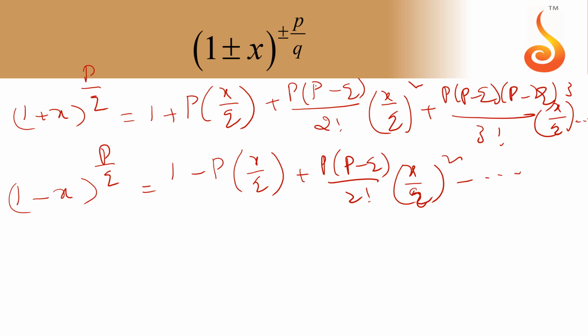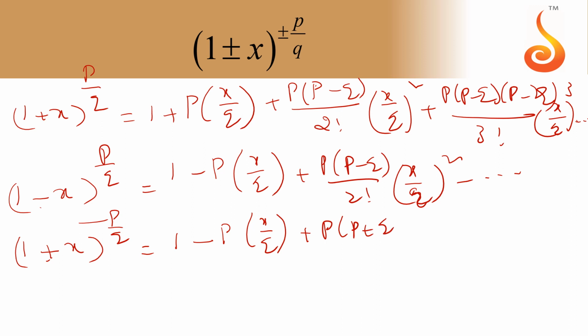When here plus and the power is also plus, you have all plus. Here minus and the power is plus, you have alternate plus minus. And if you observe carefully, suppose I write (1 plus x) whole power minus p by q, now the fraction is a negative fraction. Then plus is there, the power is minus, so you should get alternate plus minus. But the difference, please observe, is this: 1 plus p into x by q, p into (p minus q) by 2 factorial.